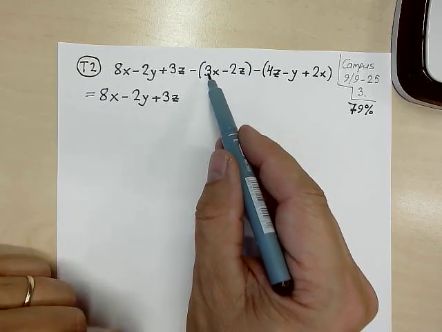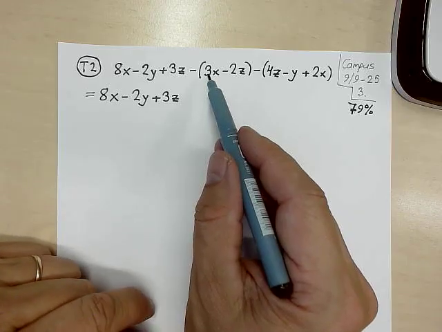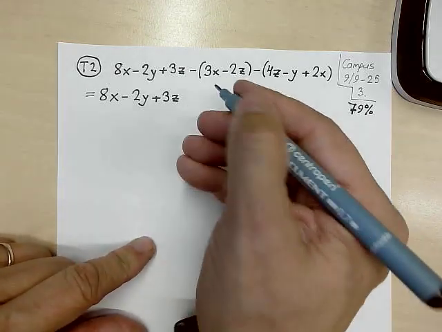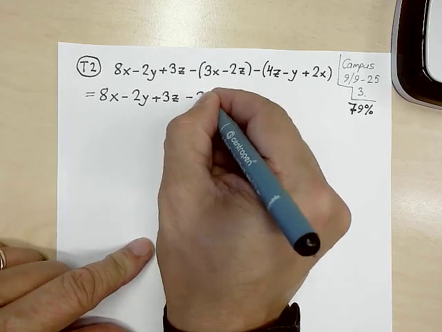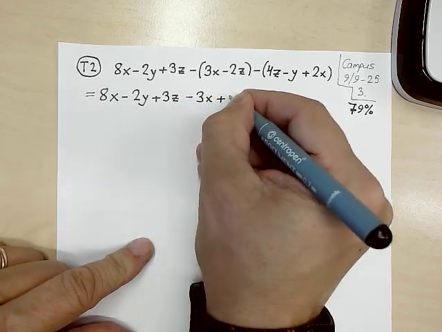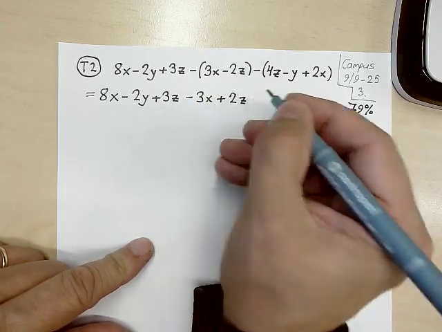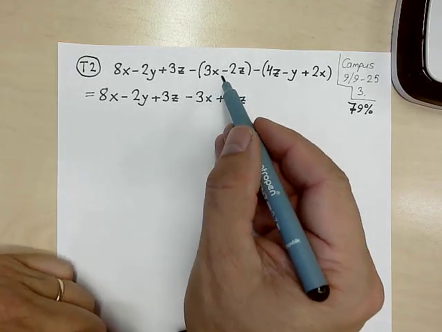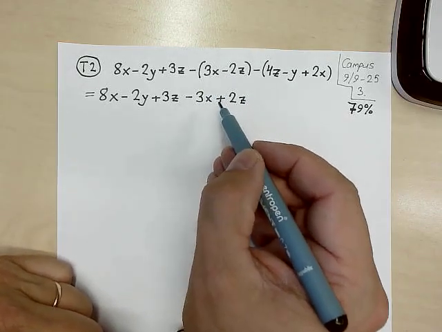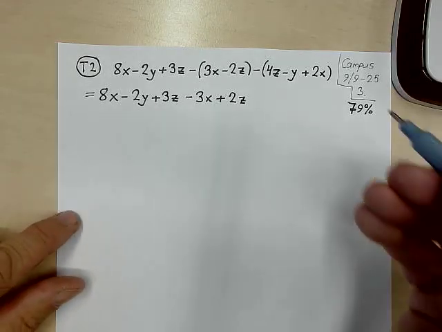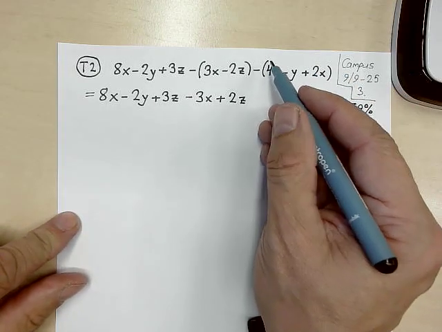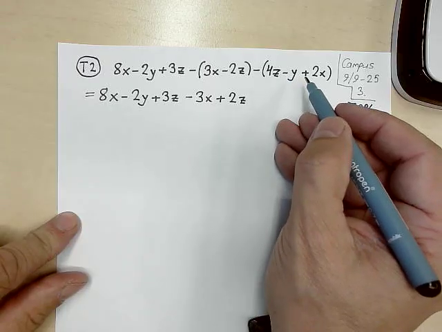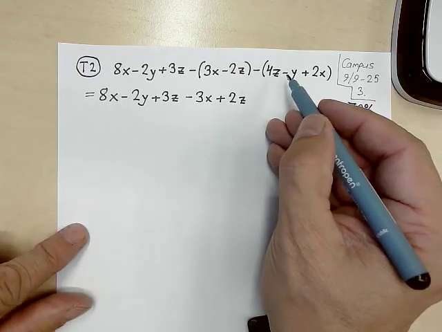At first we had +3 and -2, so we have to write here -3 and +2. Here plus and minus turn to minus and plus. And here we have signs inside these parentheses, plus, minus, plus, and they turn to minus, plus, minus.